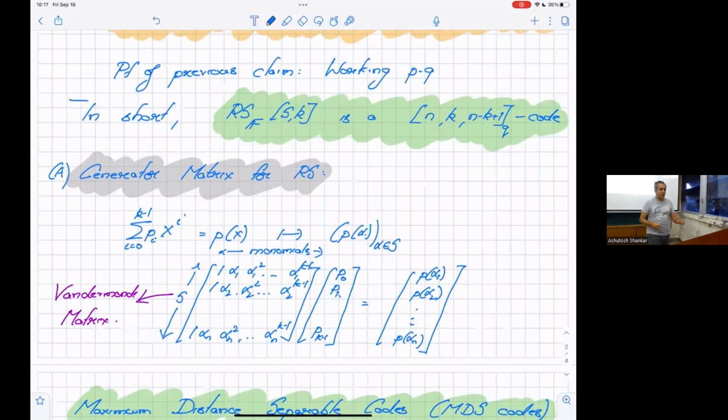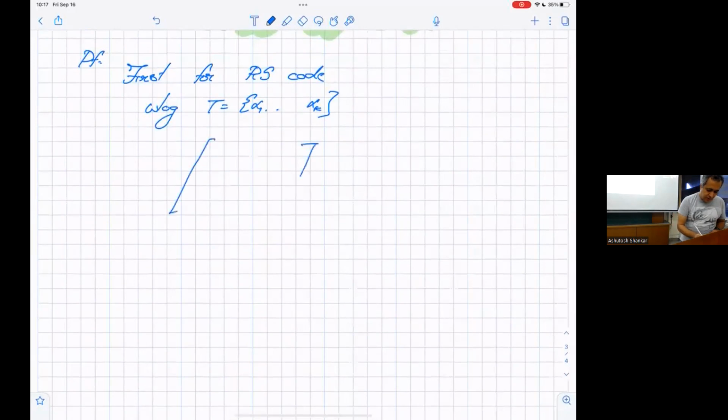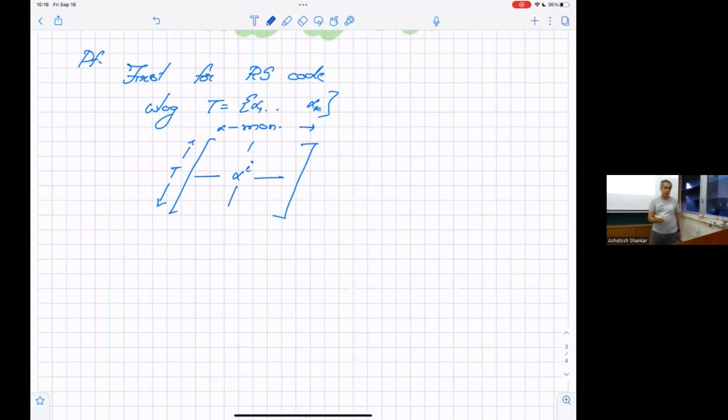So basically we are asking this question. We have the monomials over here, and we have just T over here. If this is for the alpha element and the i-th monomial, we have alpha to the power i.